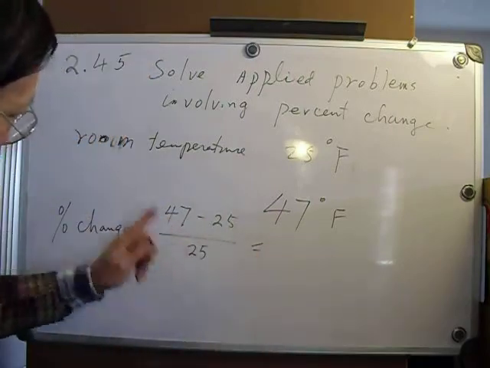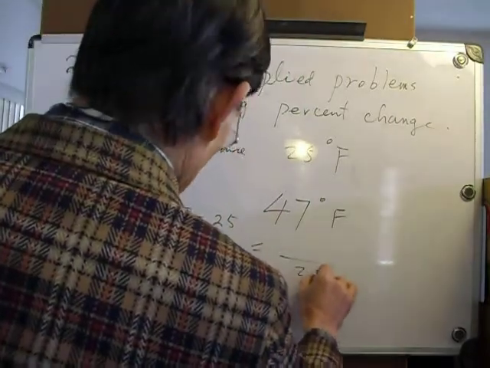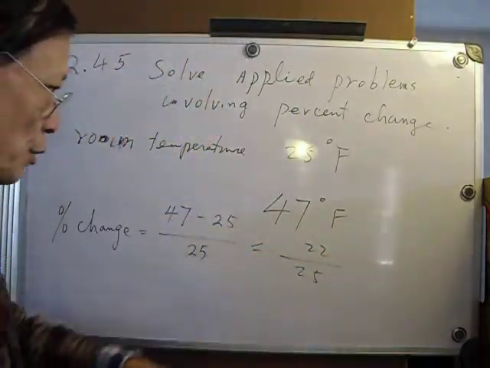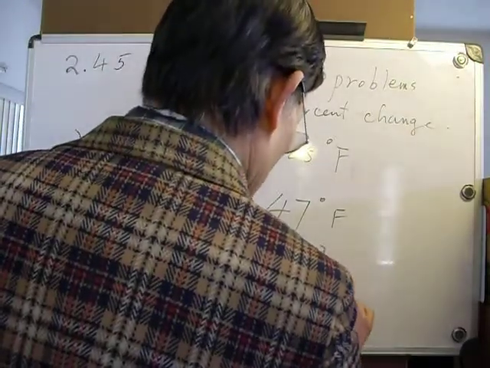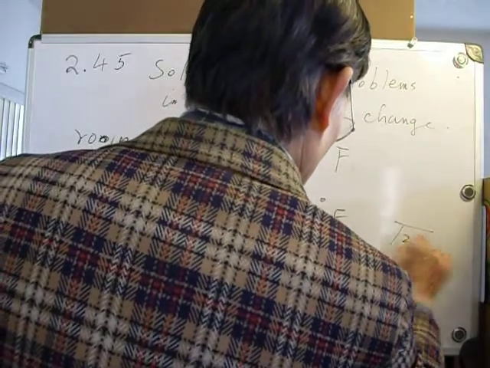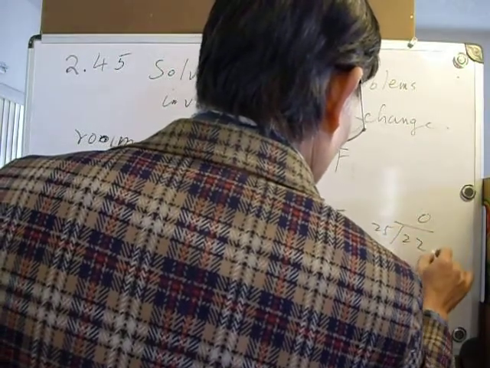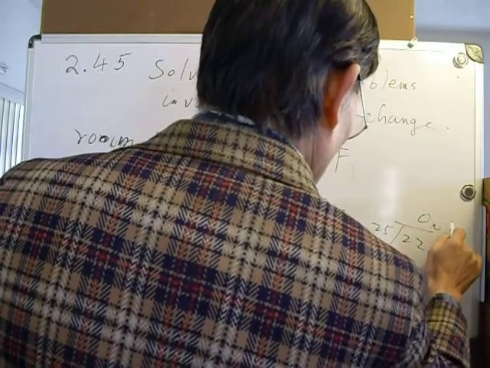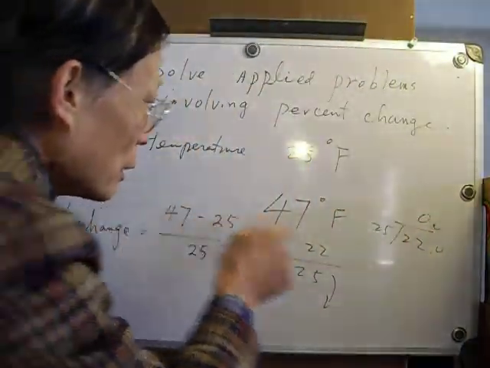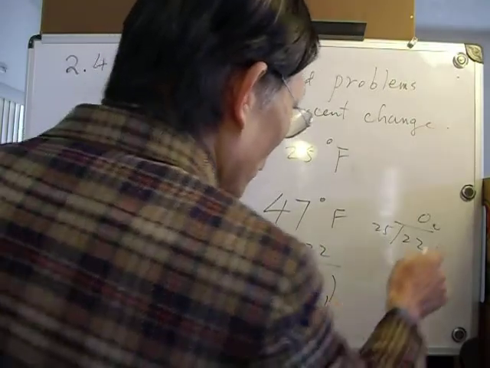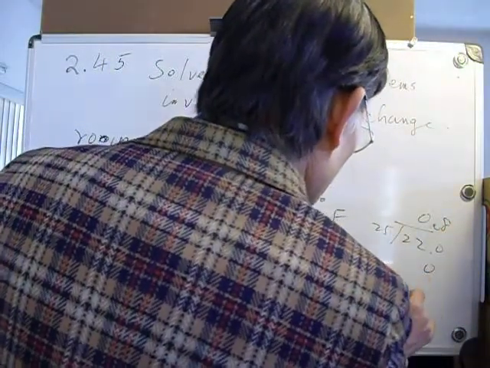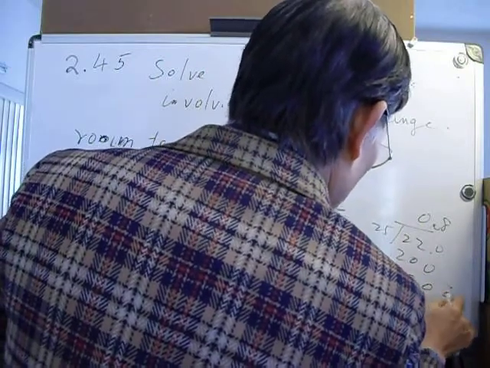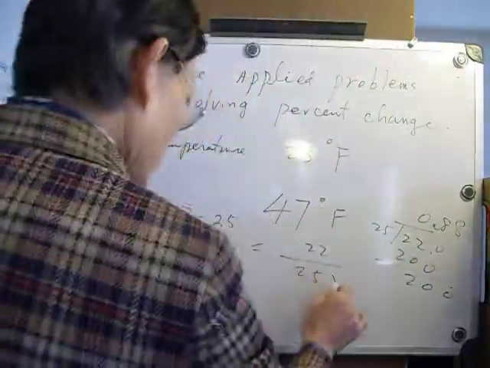So this comes out as a fraction, 22 over 25. First step, convert into a decimal: 25 into 22, and you get 0.88.